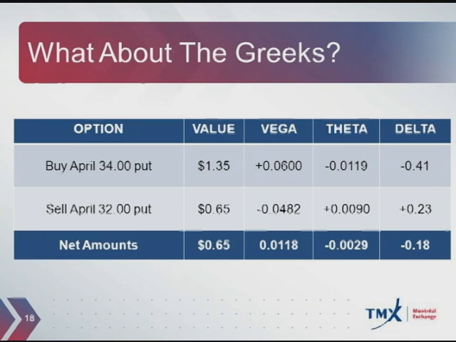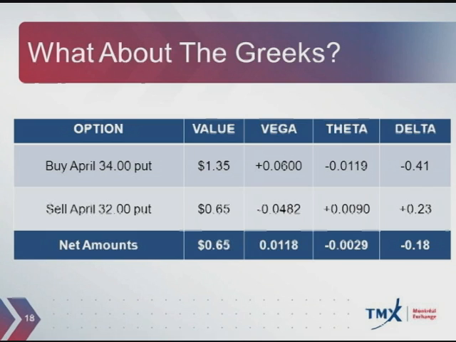So we reduce the impact on the position in terms of its profitability as the stock drops by $1. But again, what I want you guys to figure out here is to look at it from a risk-reward perspective.